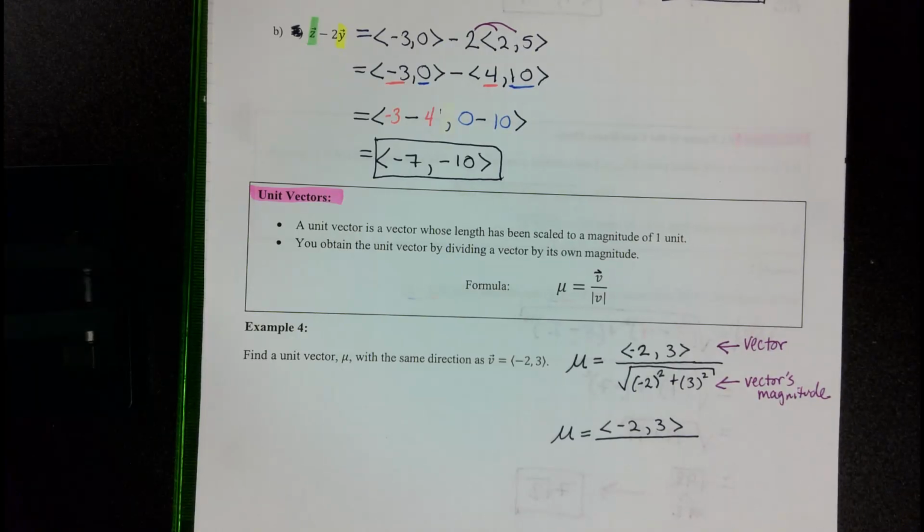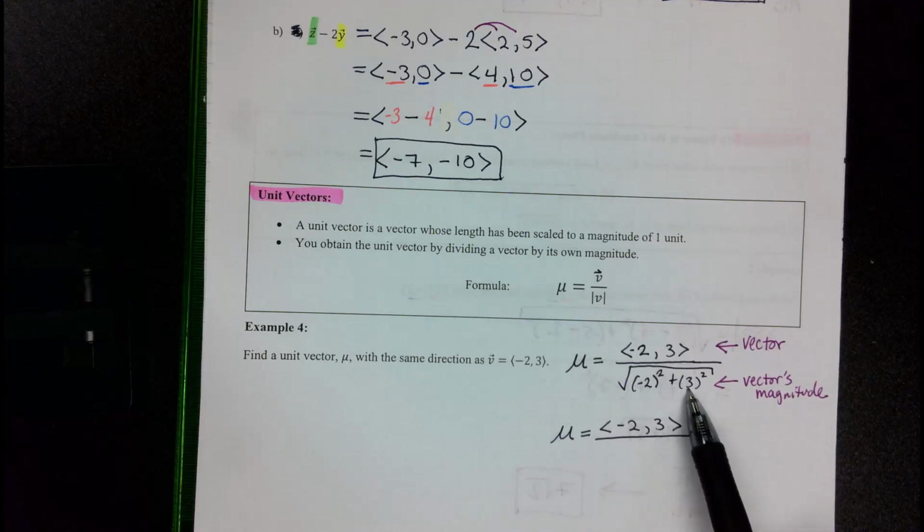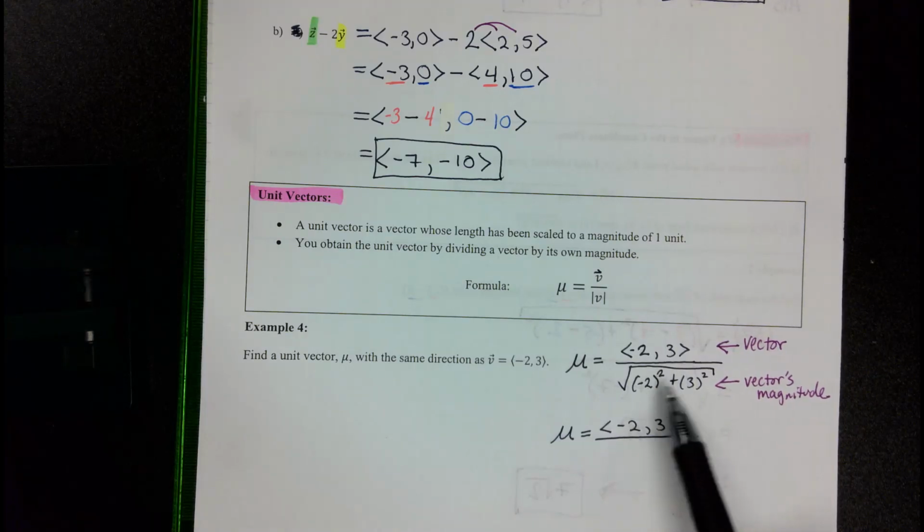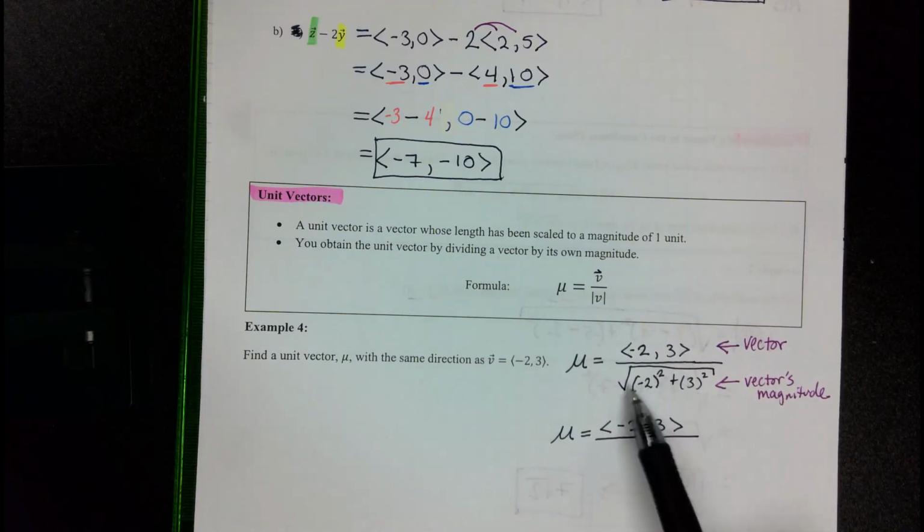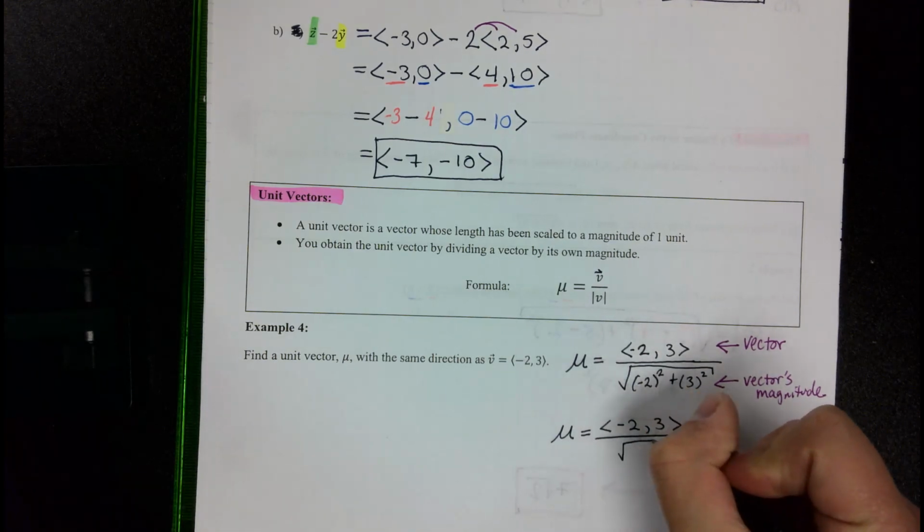If I use my calculator and I put in the square root, and inside the square root symbol I have the negative 2 in parentheses squared plus 3 squared, and I hit enter, it'll give me a decimal. So if I ignore the square root and I just do negative 2 and square it, that's 4, plus 3 squared, that's 9. So I have 4 plus 9, that's 13. Square root of 13. 13 is a prime number. So we're going to leave that as the square root of 13.